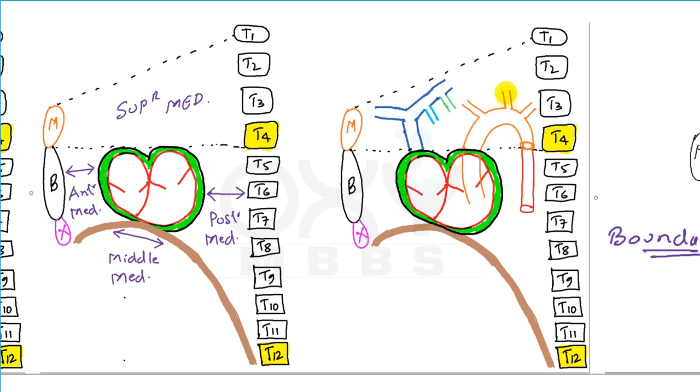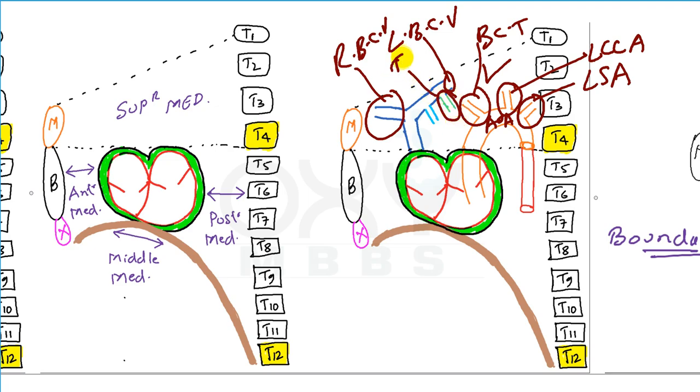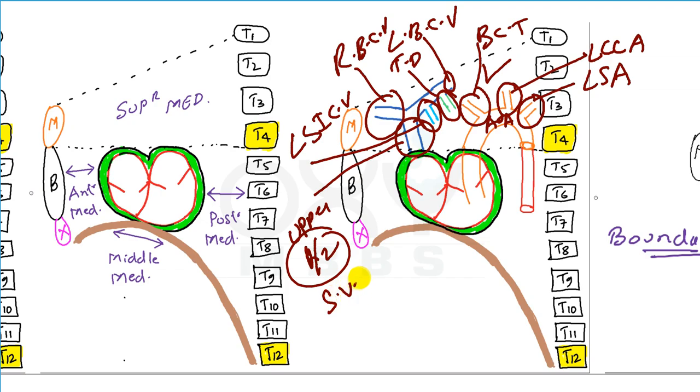So the contents of the superior mediastinum are arch of the aorta, left subclavian artery, left common carotid artery, brachiocephalic trunk, and this is left brachiocephalic vein, this is right brachiocephalic vein, this is thoracic duct, and this is left superior intercostal vein, and this is upper half of the superior vena cava.